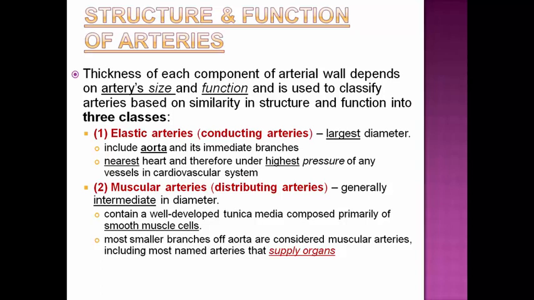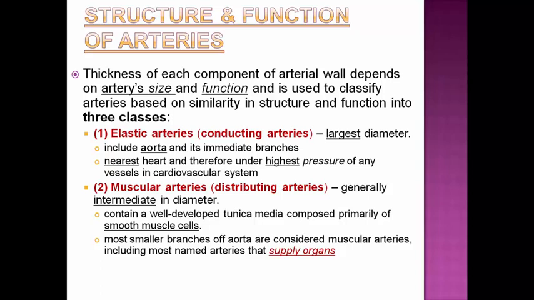Then you have the second group, which are the muscular arteries. You can think about them as distributing arteries, muscular distributing, because they're actually intermediate in diameter of the three. Their walls are predominantly smooth muscle cells, and they're the ones that branch off of the aorta, and they're named according to the organ that they supply blood to.